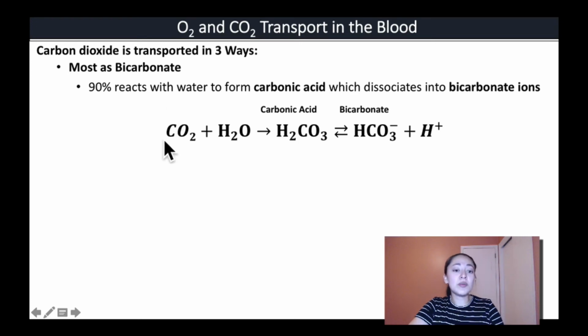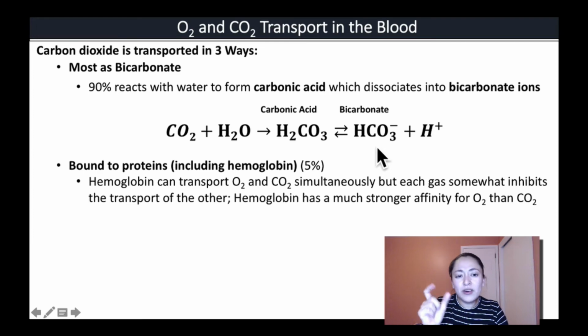And this occurs because when carbon dioxide interacts with the water in your blood, it quickly forms something called carbonic acid. And this carbonic acid will rapidly dissociate, or in other words, break down into bicarbonate and hydrogen ions. So most of the carbon dioxide that enters your blood gets turned into bicarbonate ions, and that's how it's transported.